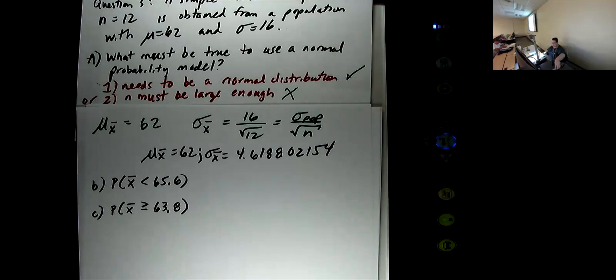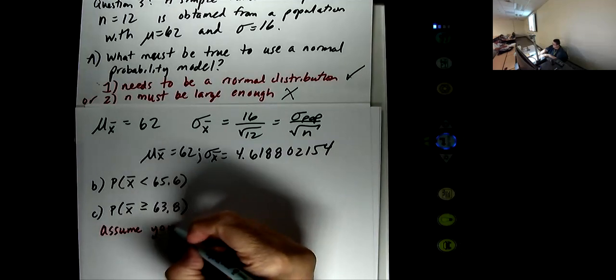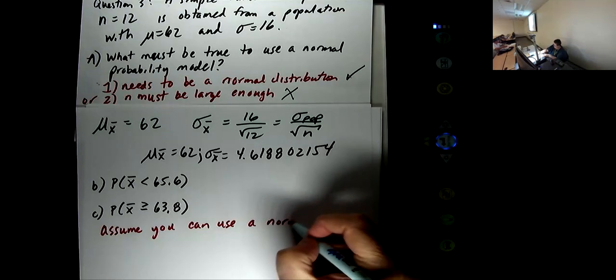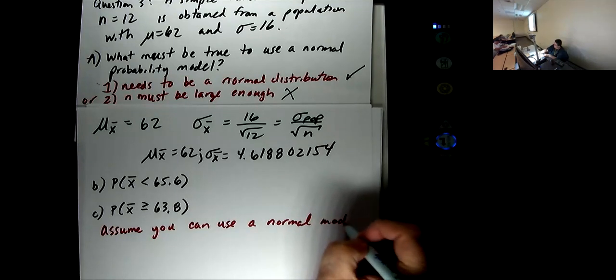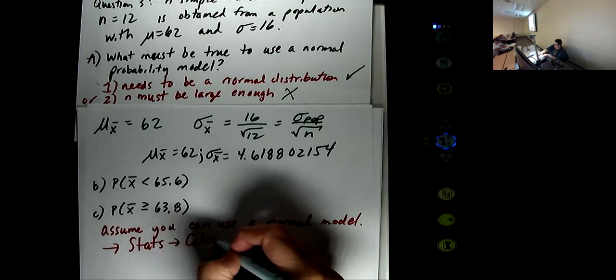At this point, it said assume you can use a normal model. If you can use a normal model, we can do stats calculators, normal.